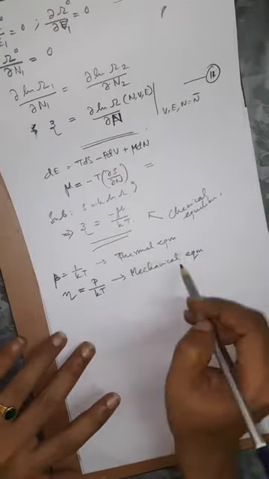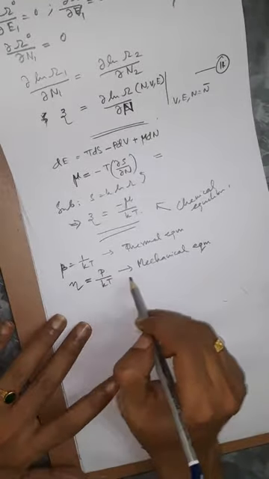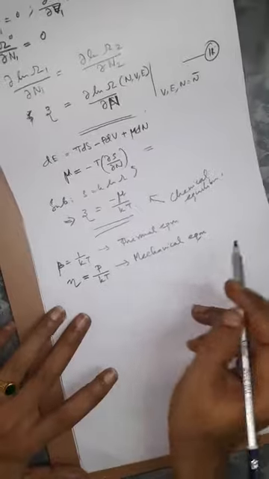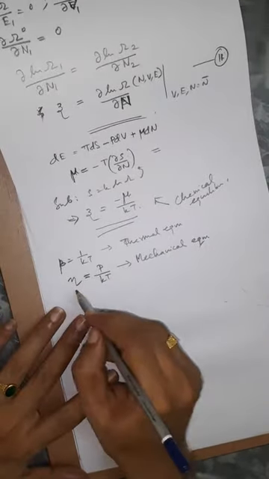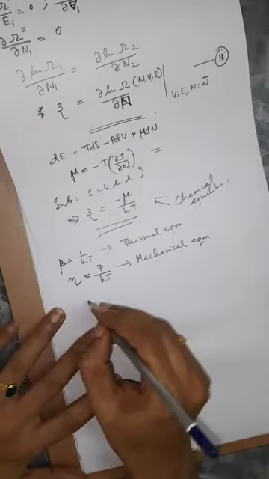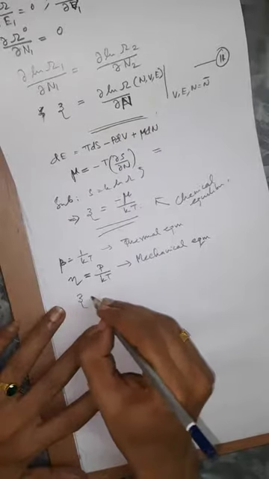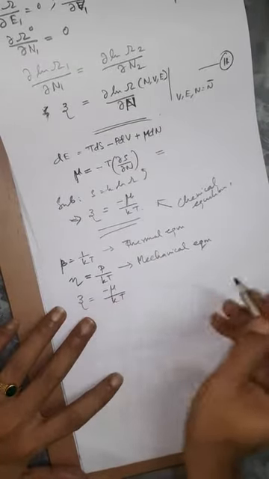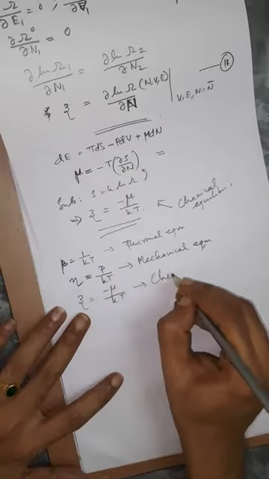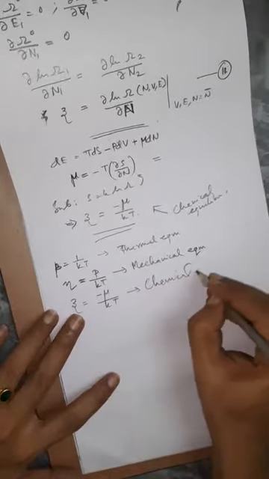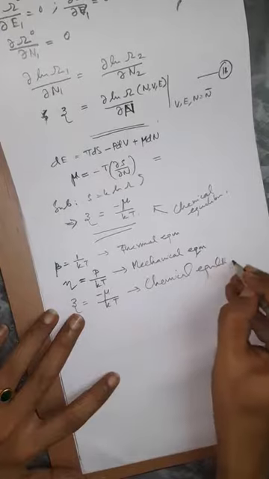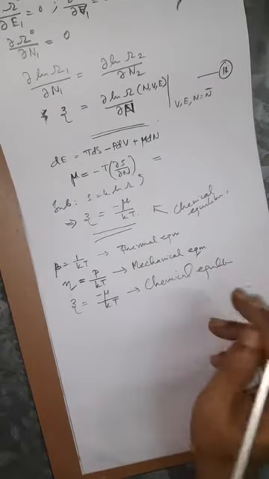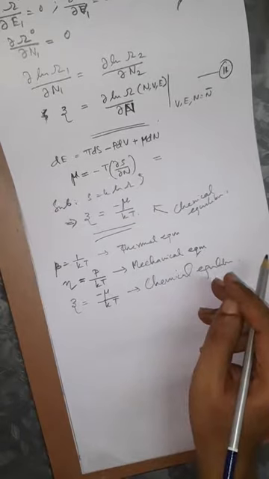Which means that two parts of the system, if we want to prove that they are in mechanical equilibrium, then their eta should be same. And now we have theta is equal to minus mu by Kt, which means that they are in chemical equilibrium. Right? So that is it. So theta 1 is theta 2 for such a system.